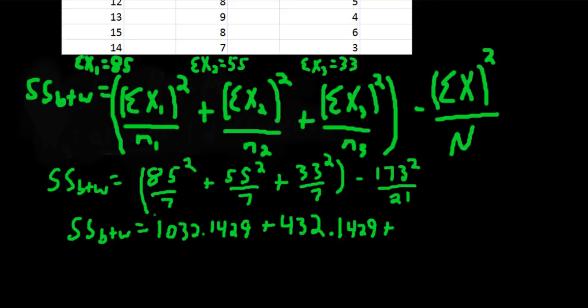And we add 33 squared over 7, which gives us 155.5714. And then after taking the sum of all those values, we'll take 173 squared divided by 21, which is 1425.1905.